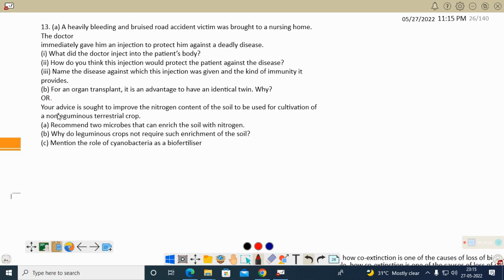Next one: your advice is sought to improve the nitrogen content of the soil to be used for cultivation of a non-leguminous terrestrial crop. See, which type of nitrogen fixing bacteria can we introduce to improve the nitrogen content of the soil for a non-leguminous terrestrial crop? Recommend two microbes that can enrich the soil with nitrogen.